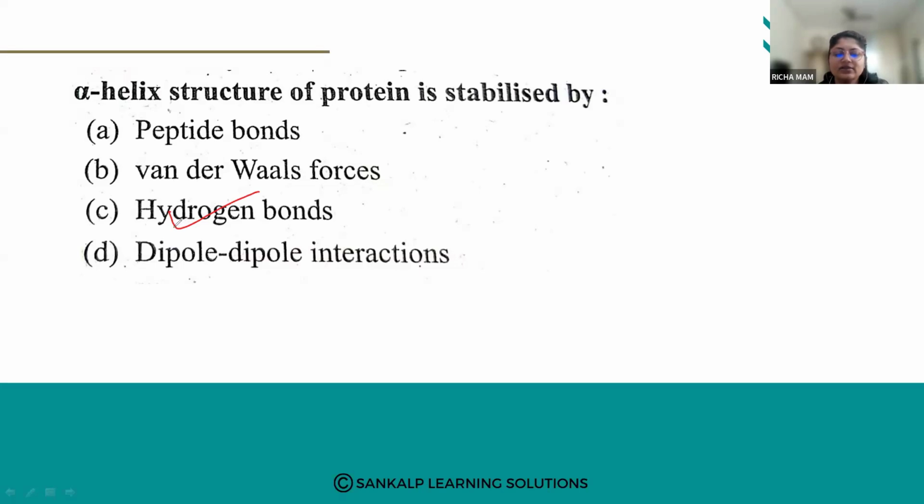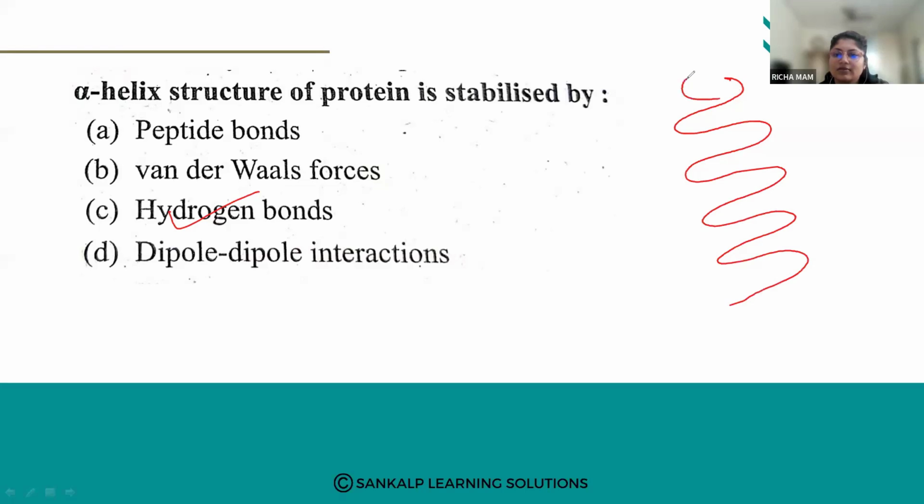The alpha helix is the secondary structure of proteins, and it has a spiral conformation, like this.